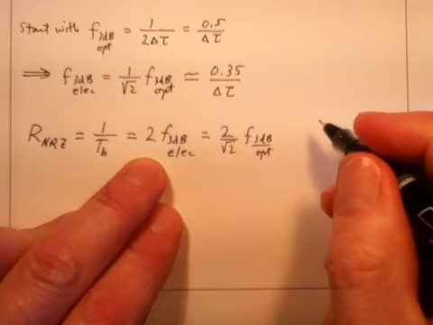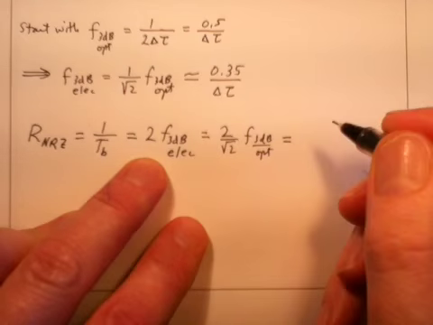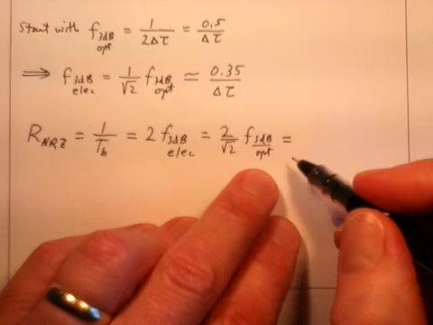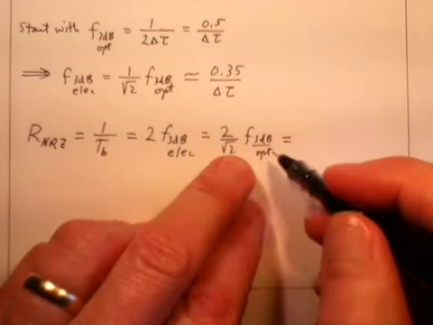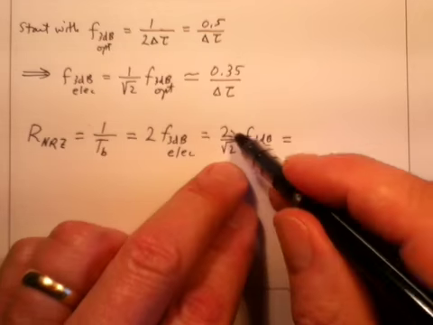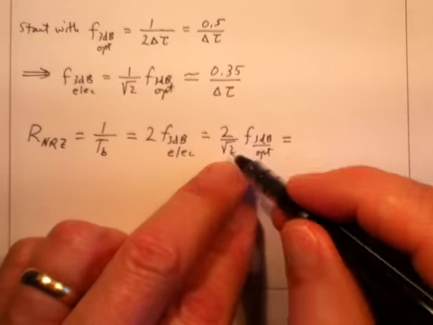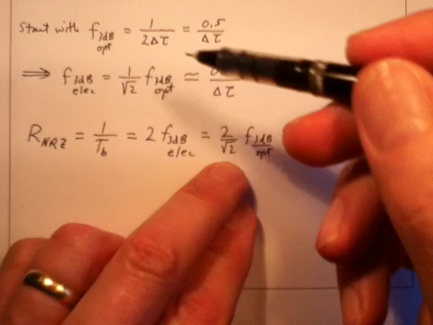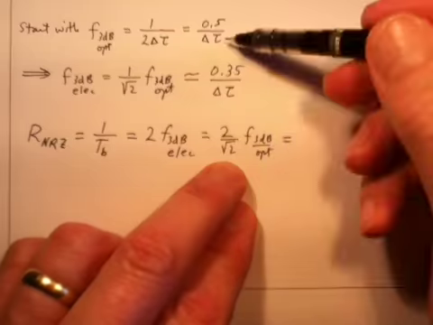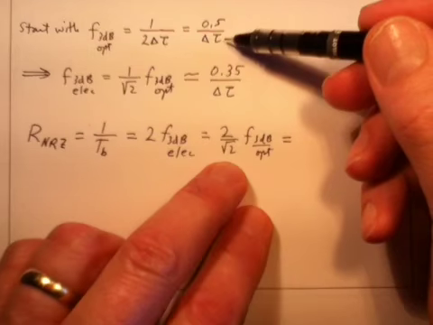And so this is finally the square root of 2, since 2 over the square root of 2 is just the square root of 2, and this 3 dB optical is 0.5 over delta tau.